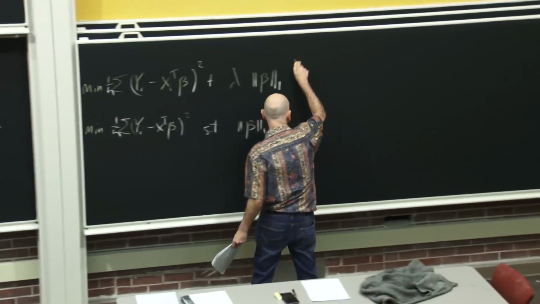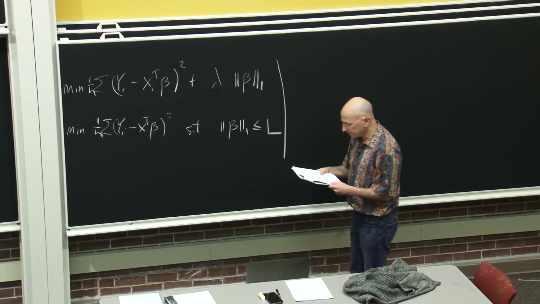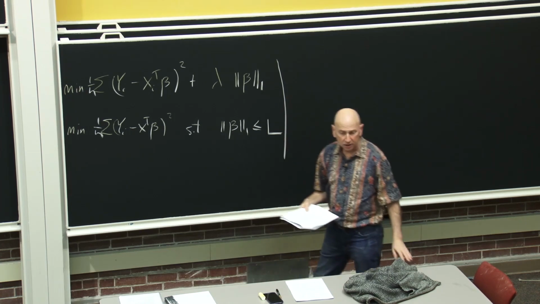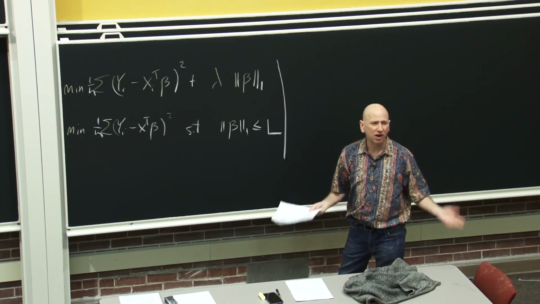Now, for simplicity in this proof, I'm going to make everything bounded. It's not required, but then the proof and even the statement of the theorem get more complicated. So I'm going to assume all the y's and x's are bounded by some constant b.